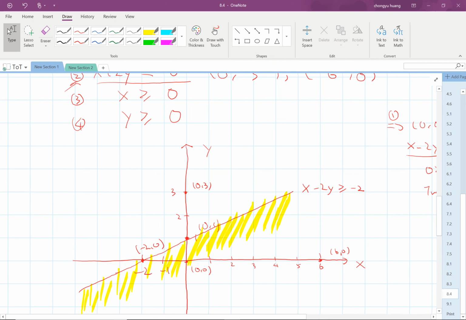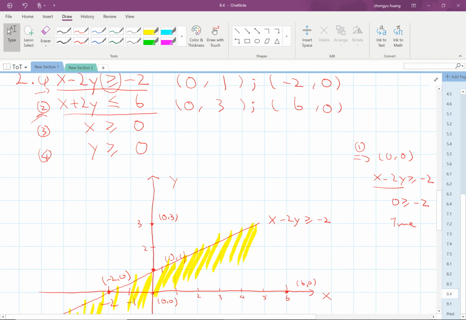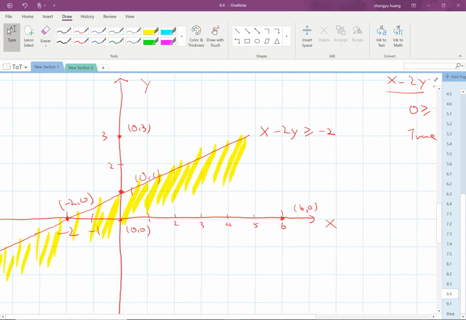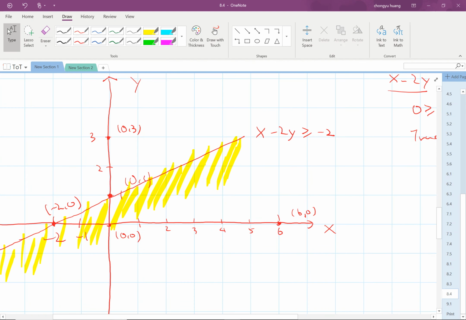Now, as you can see, for equation 2, what we have is less than or equal to. Which means we have to include those intersect points, so we have to draw a solid line. If it is not included, then you can draw a dashed line.